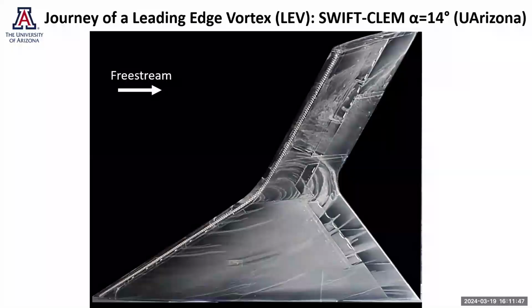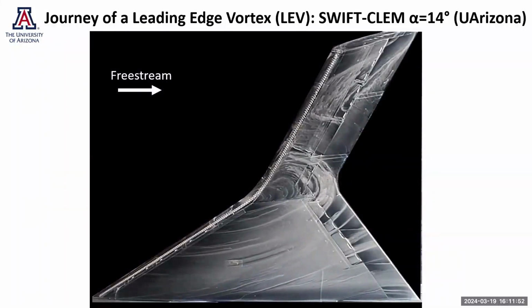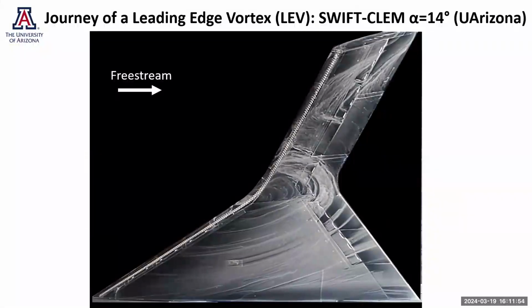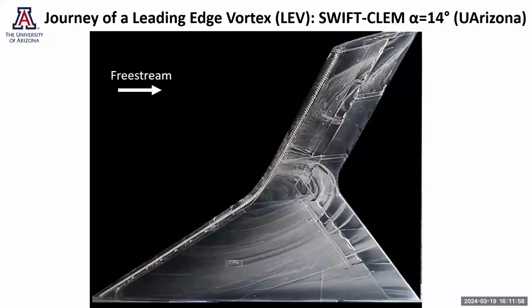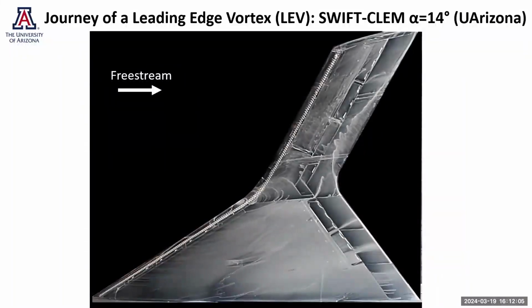What you're looking at right now is an experimental technique called surface oil flow visualization, wherein we put a layer of oil, titanium dioxide, and kerosene, a mixture of these three fluids, on the surface of the wing, and then we start the wind tunnel.